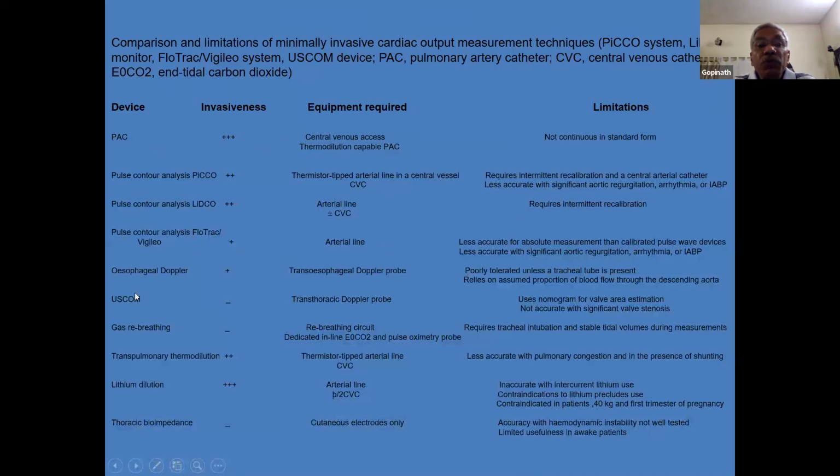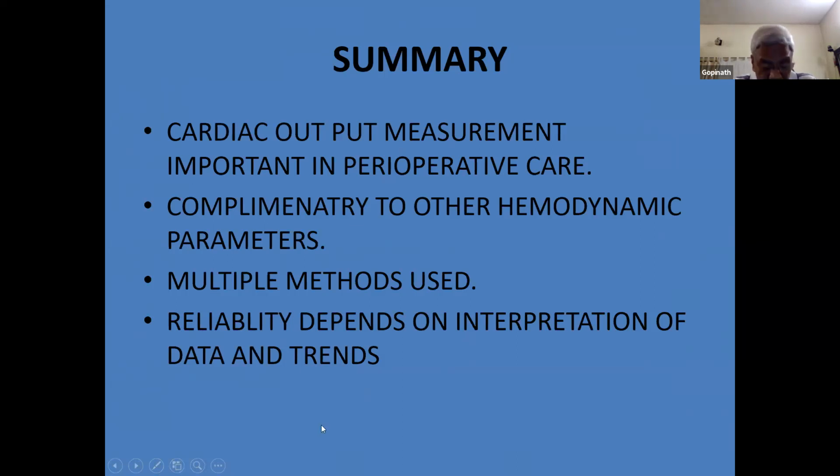I think you can use it for comparing all these devices that are available in the market: the pulmonary artery catheter, pulse contour analysis, LiDCO, Vigileo, Doppler, ESCCO, transpulmonary, lithium dilution. There are some limitations to each of them.